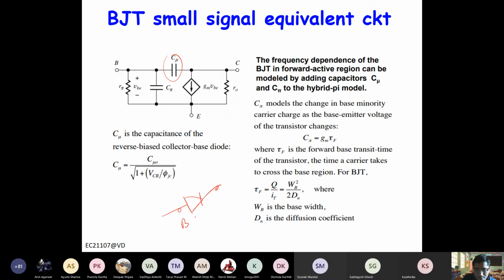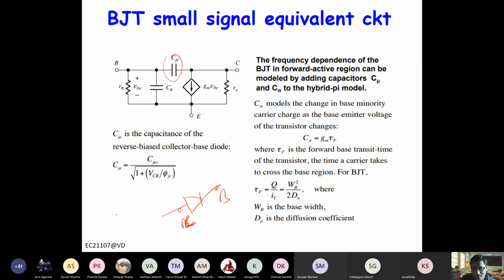Here we have an NPN transistor, so the base is N type, right? So this is base, this is collector, and the base collector is especially reverse biased, so it is a junction capacitance that will play a role here.